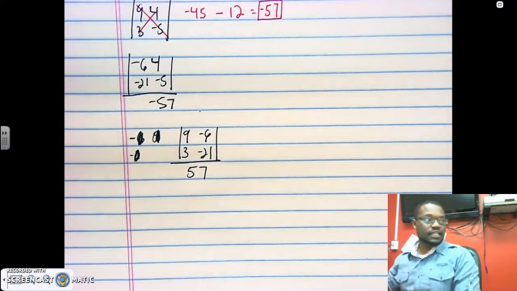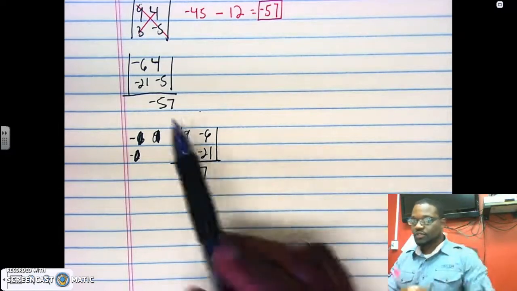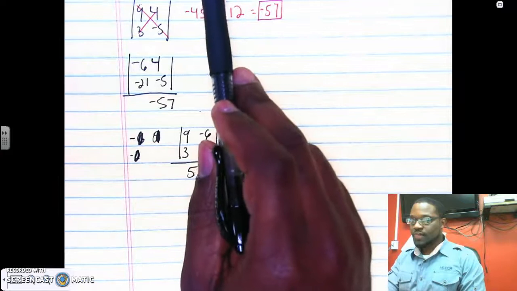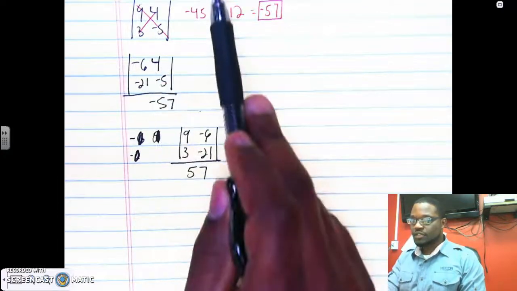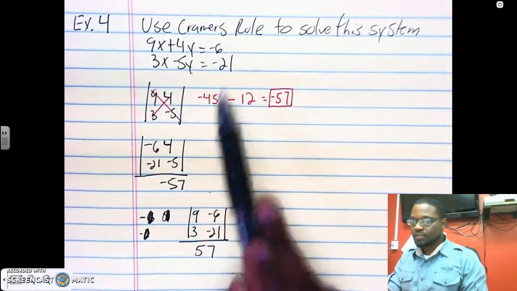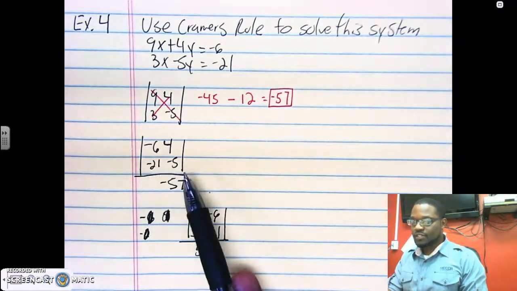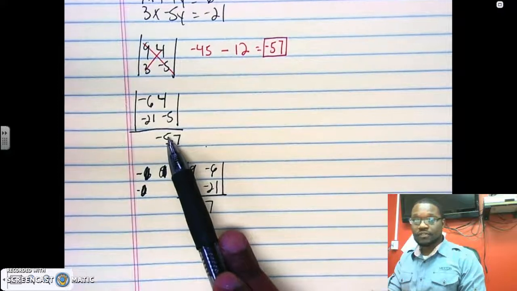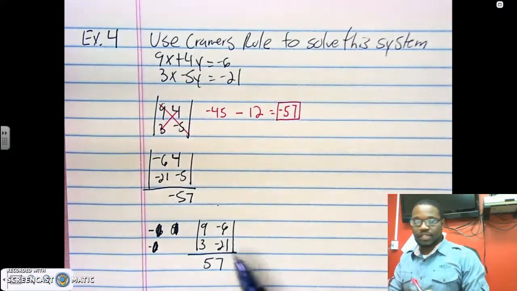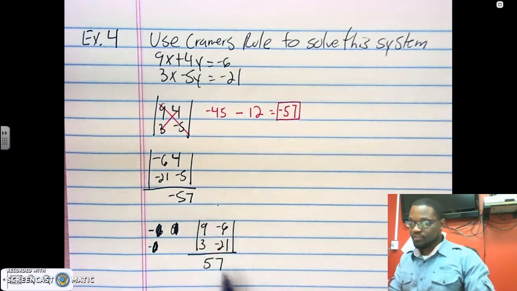So look at what I did here. I wrote this out, that and that horizontal, that and that horizontal, over the determinant -57. And the same thing, 9 and -6 and 3 and -21 here. What I'm going to do is take the determinant of the numerators and divide them both by the denominator, which is -57.